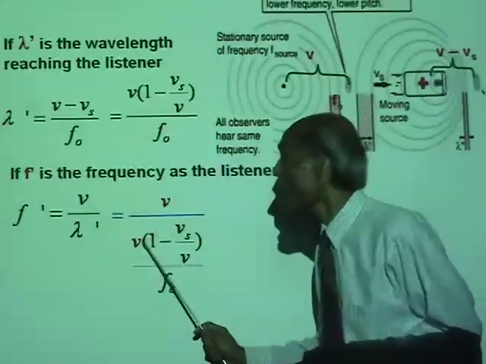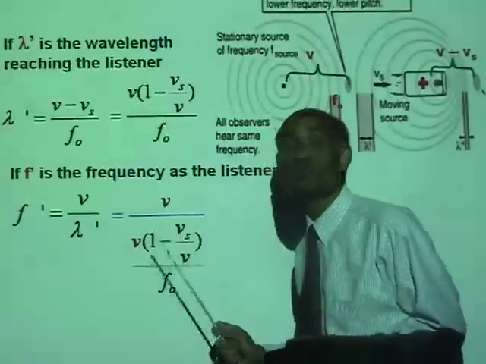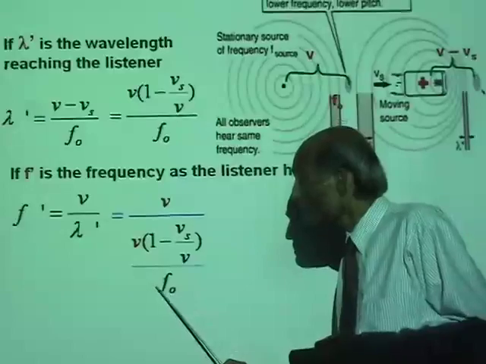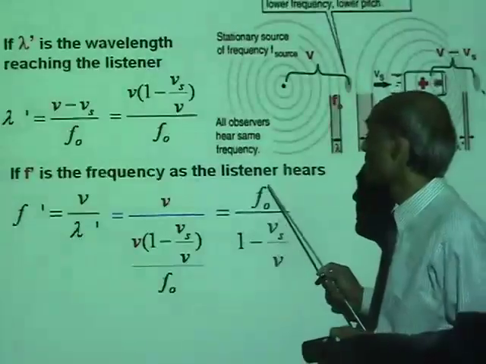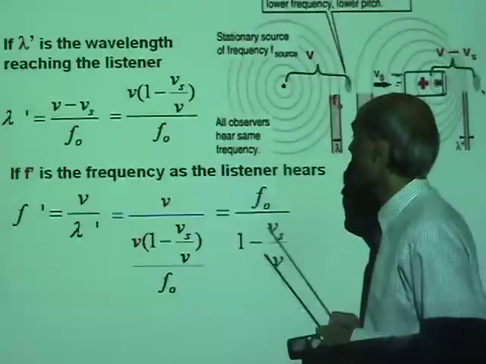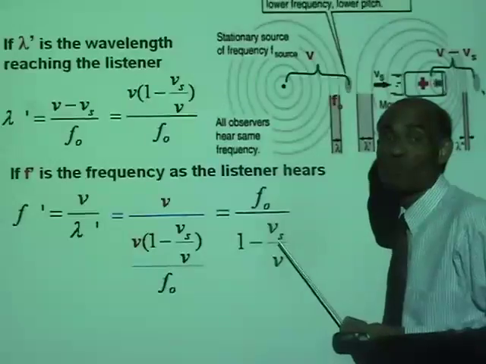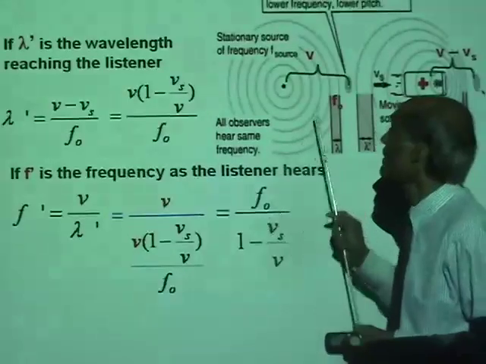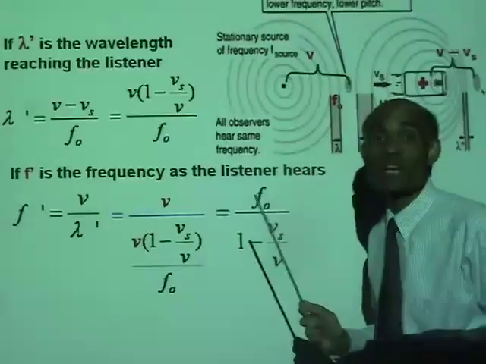You can see why I wrote it like this. You can see that v and v will now cancel. This f0 will now go to the numerator. And that's equal to f0 divided by (1 minus vs divided by v). What does vs stand for? The velocity of the source, and v is the speed of sound.